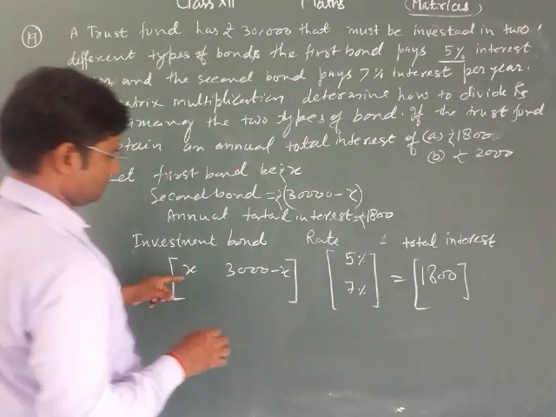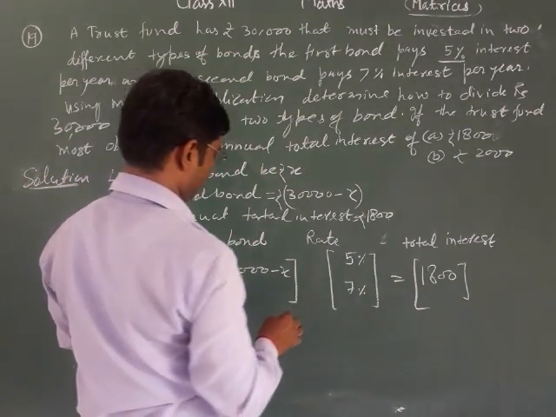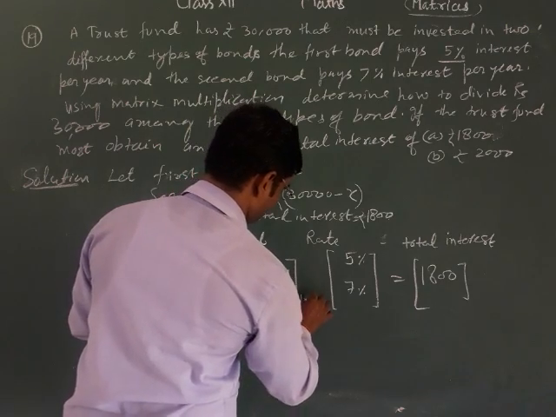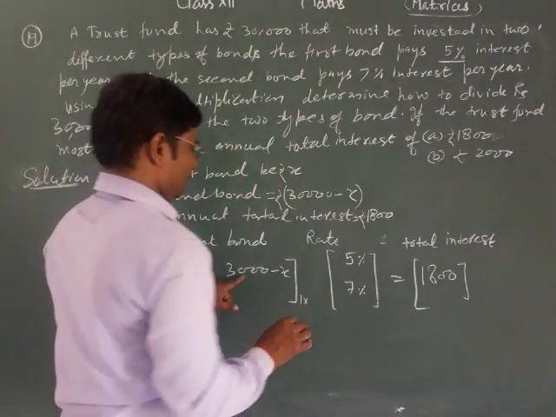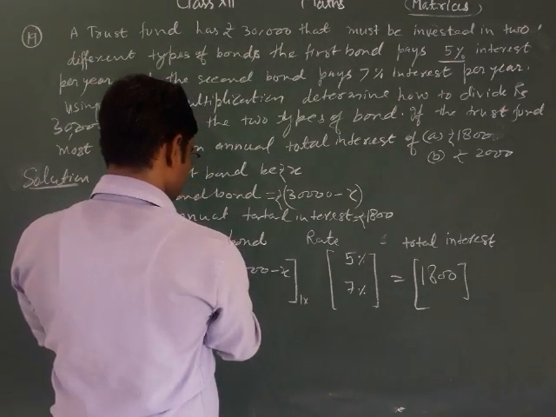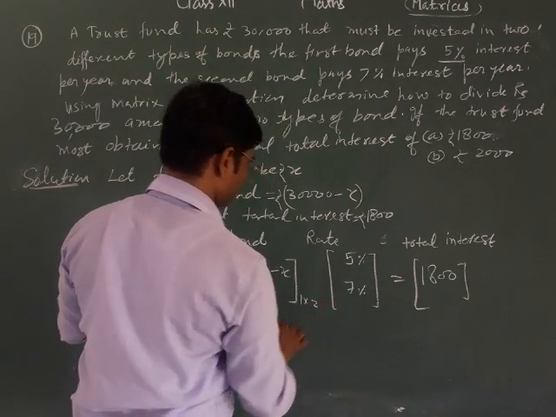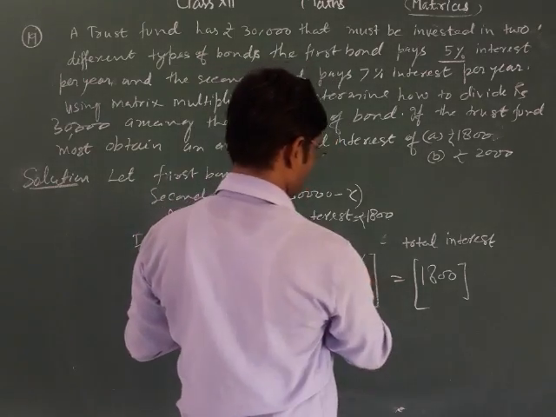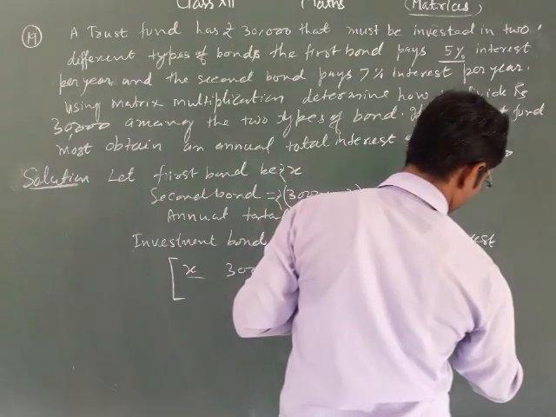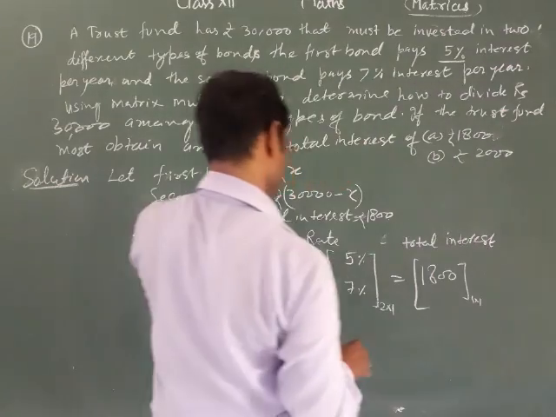So this is one row and one row. This is two columns and two rows, and one column and 1 by 1.